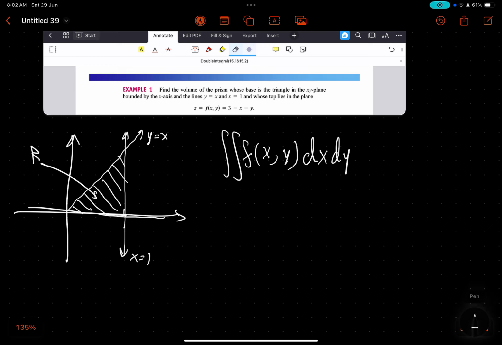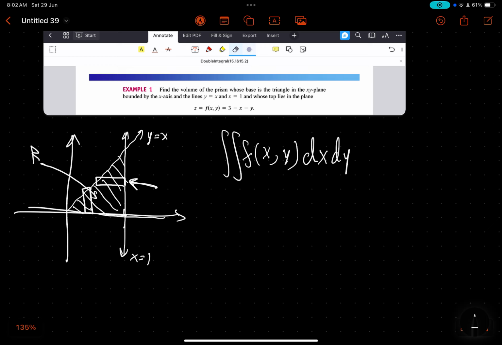And now we want to decide which way we want our rectangles to be. Do you want them to be horizontal rectangles, or vertical rectangles? We can do both, but let's start with horizontal rectangles.